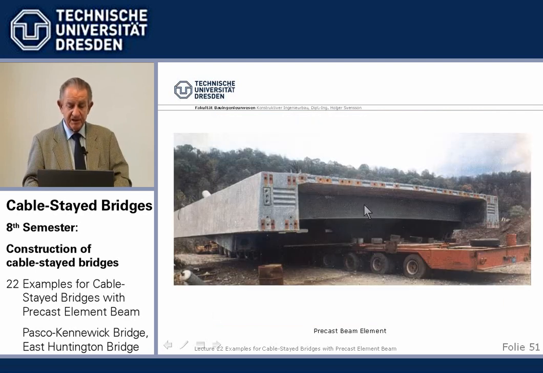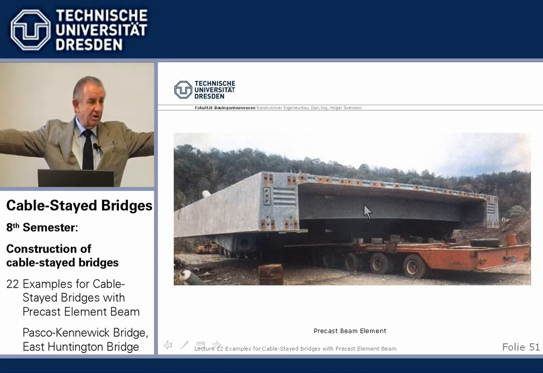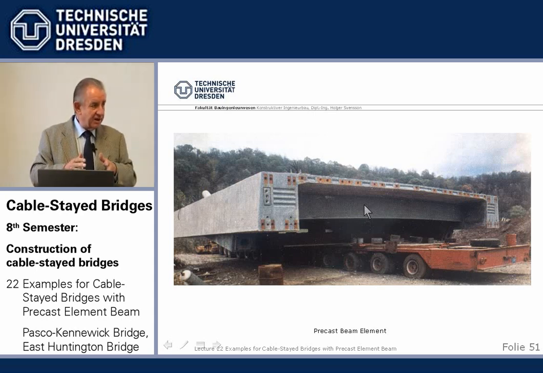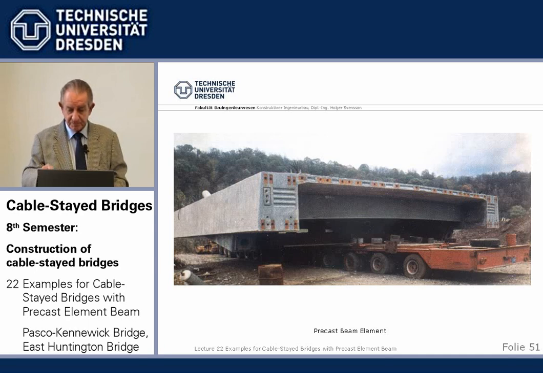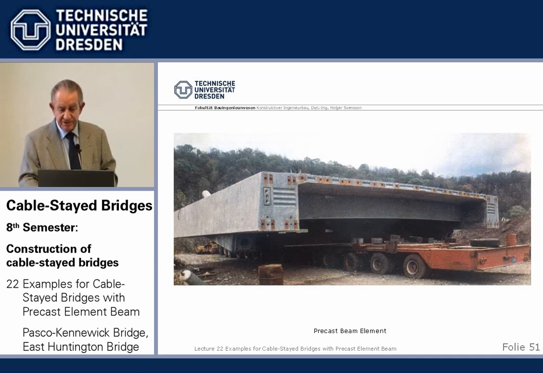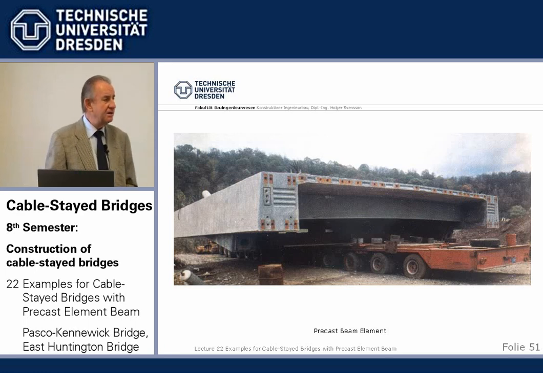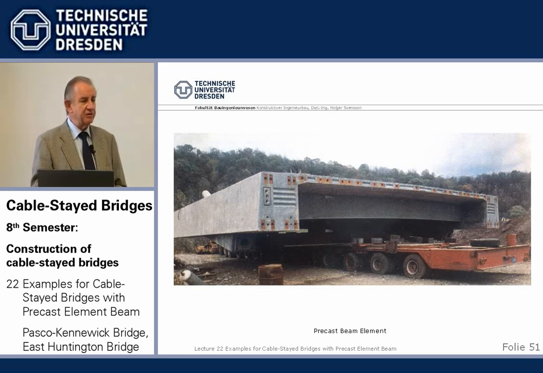Here we see one element, this time not short line casting one against the other, but they were all cast in one long line against one another and taken out. And the installation was the easy one. We used a floating crane, which is of course the least loading on the beam.